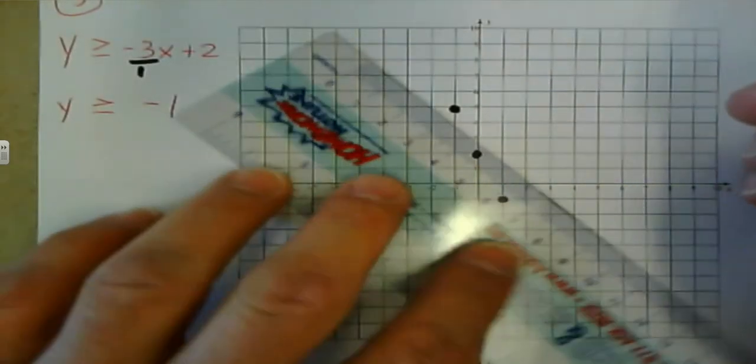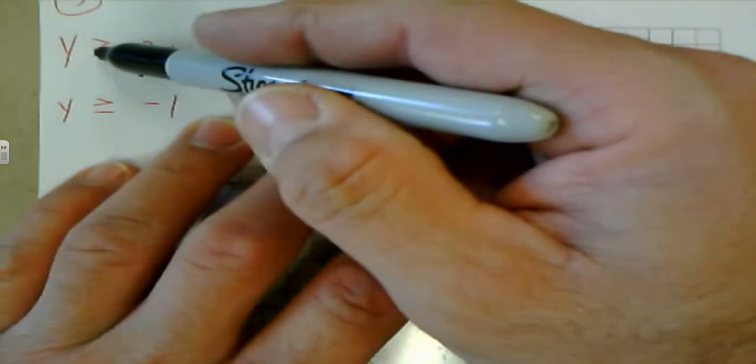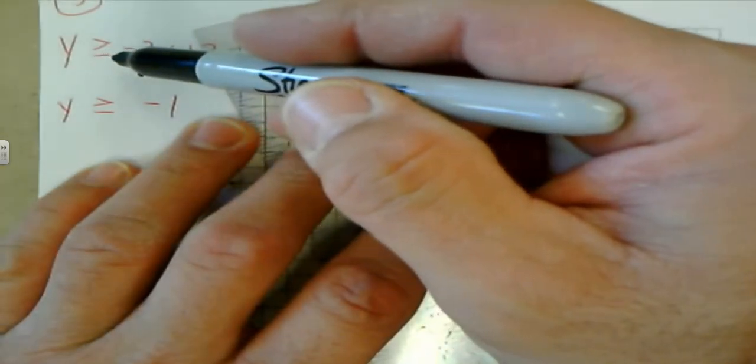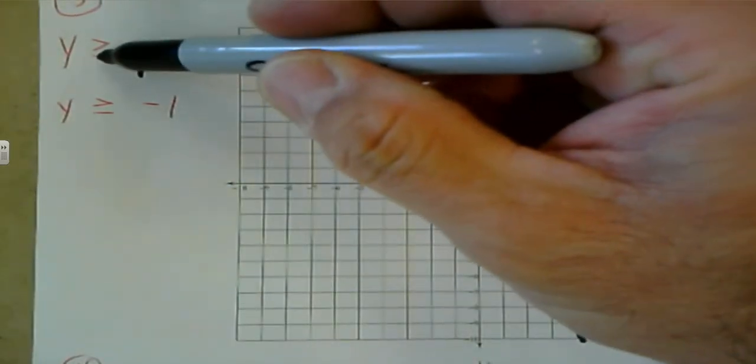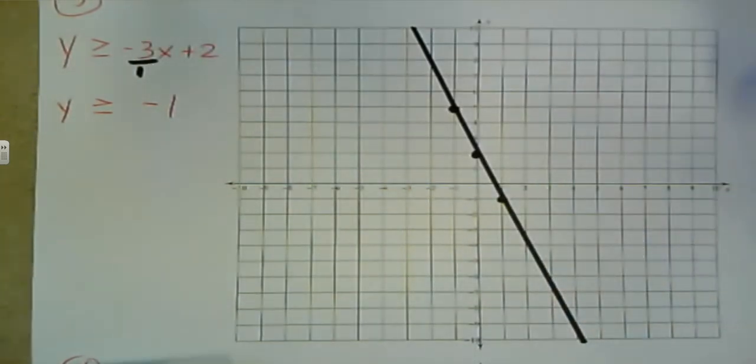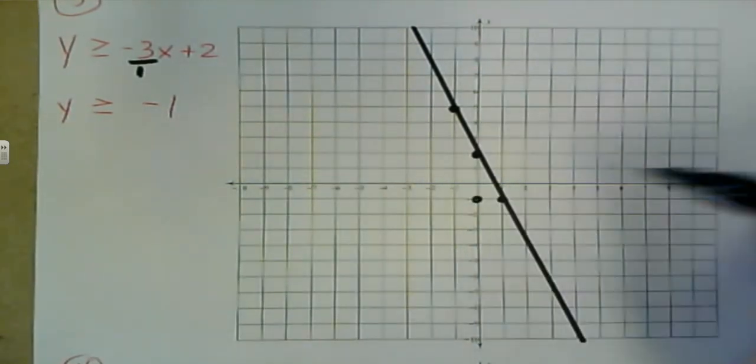Guys, when you go to graph this, you need to understand that it's completely opposite. They should line up. By the way, has a line? Yeah, we're going to put a line. And you can clearly see there's a line underneath that, greater than. So if there's a line, you draw a line. If there's no line, you dash it, which means no line. Now, this is negative 1 on the y.